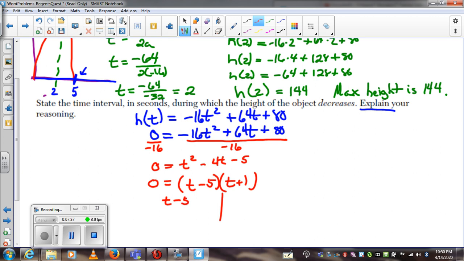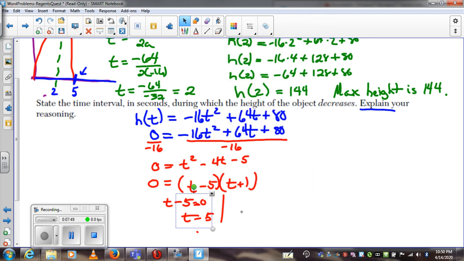So t minus 5 could be 0, which means t is 5. And t plus 1 could be 0, which means t is equal to negative 1. So that means my other root over here was negative 1. So I don't want this one.